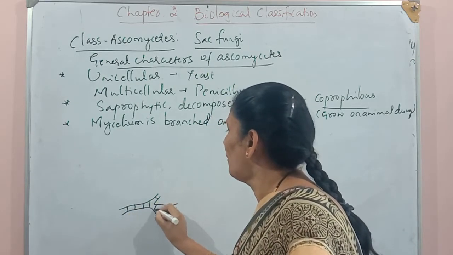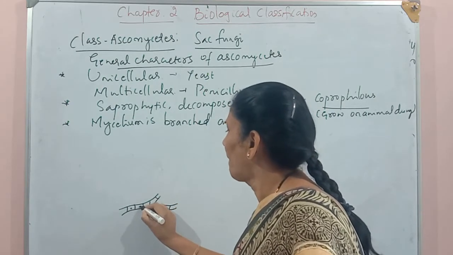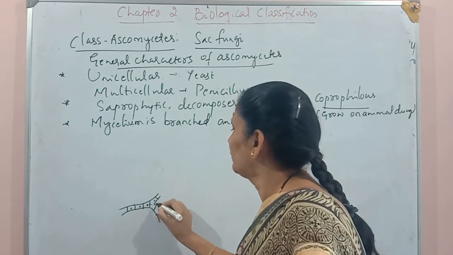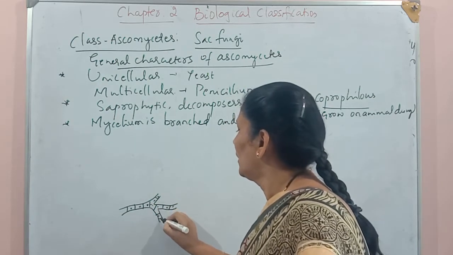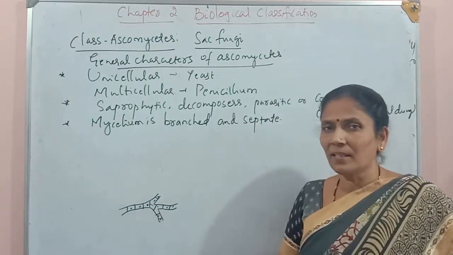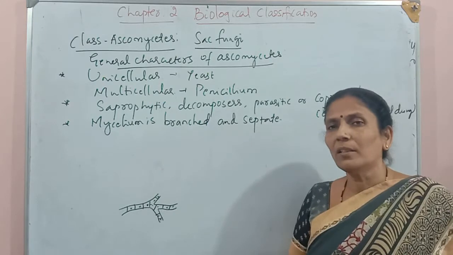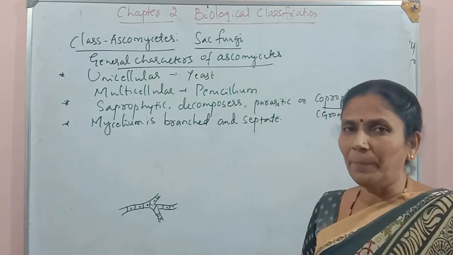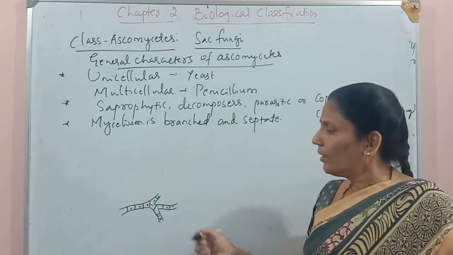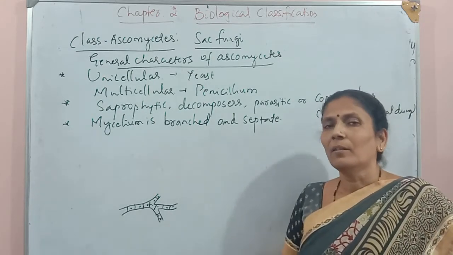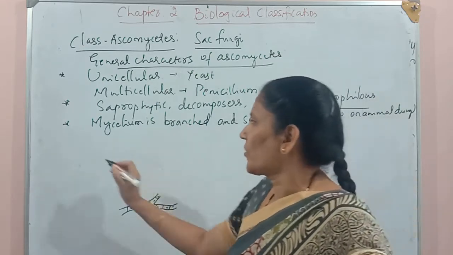This is the structure of mycelium with septa. Each compartment has a single nucleus. That's why we call it uninucleate, septate, branched mycelium. This is the vegetative structure of the Ascomycetes member. Next character.